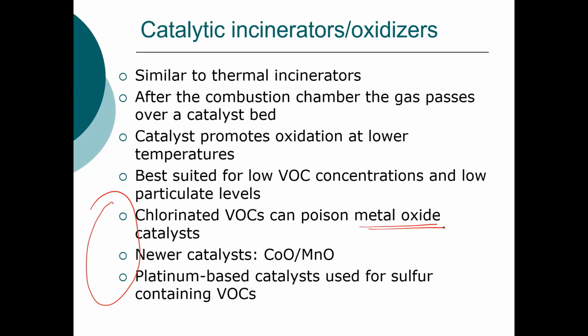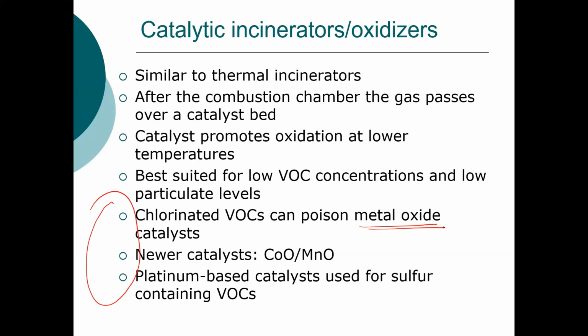If you use a metal oxide catalyst, it'll work for a while. It'll work for the benzene, toluene, but those chlorinated organics will poison the metal oxide so that you're going to lose significant efficiency. So you can't use it in that sort of combined stream.